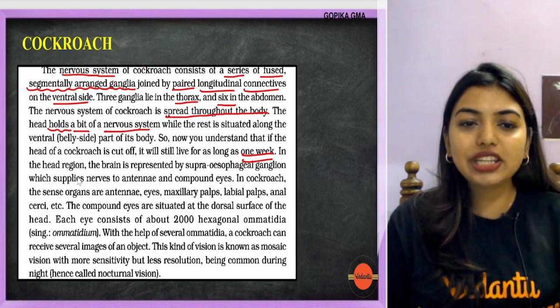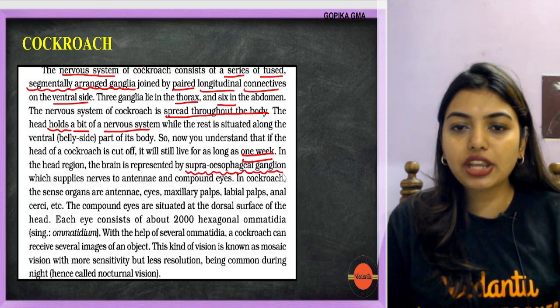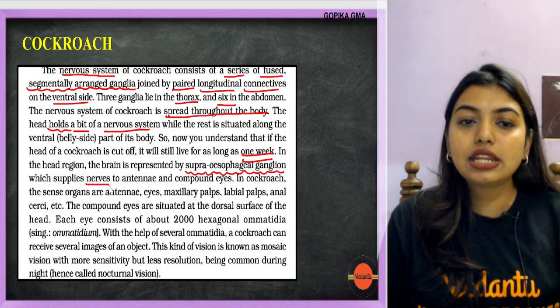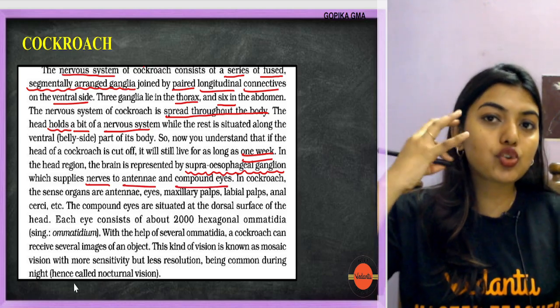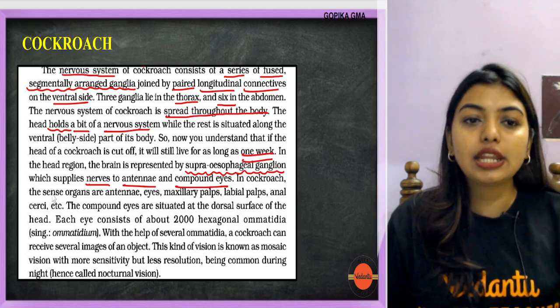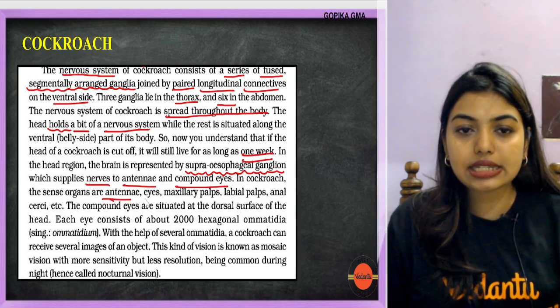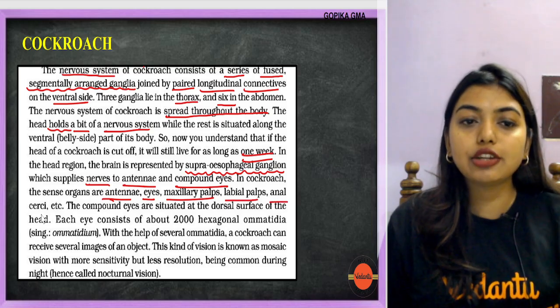Okay, so in the head region, the brain is represented by a supraesophageal ganglion which supplies nerves to the antenna and the compound eyes. So who is going to act like the brain? Supraesophageal ganglion. Now in cockroach, the sense organs are antenna, eyes, maxillary palps, labial palps, and anal cerci.